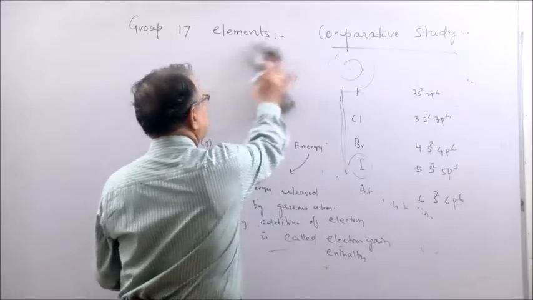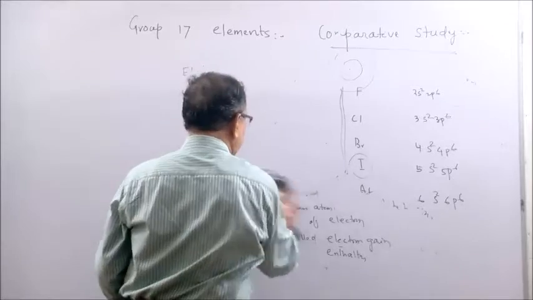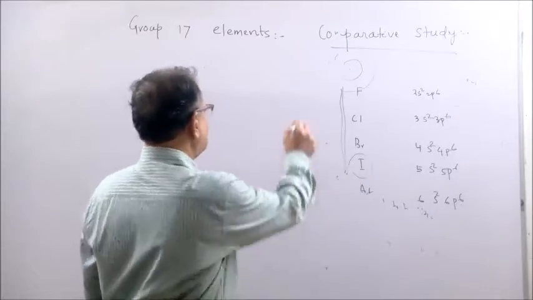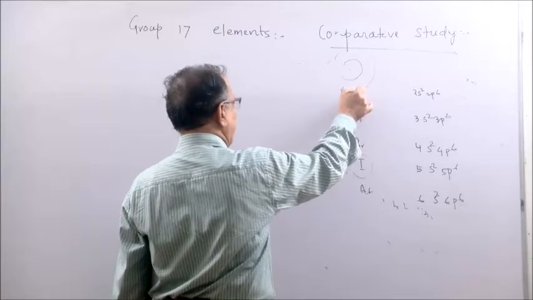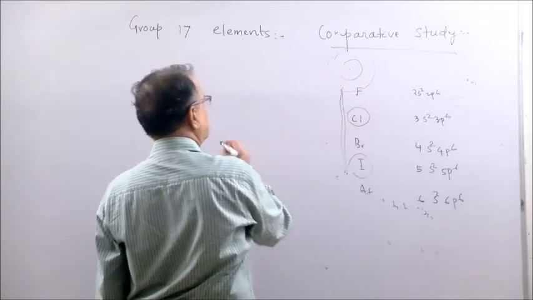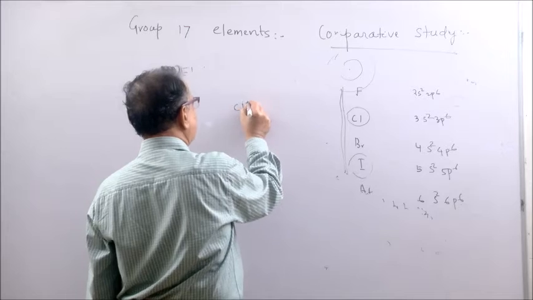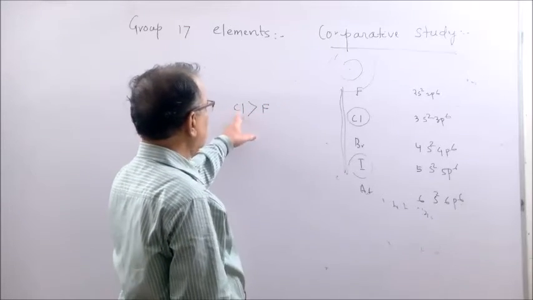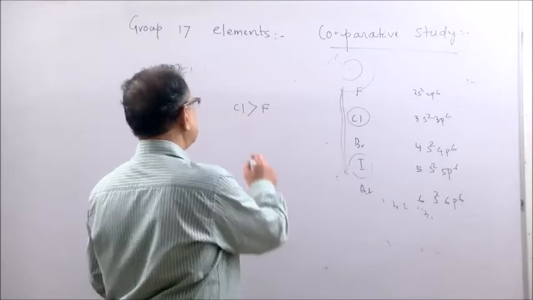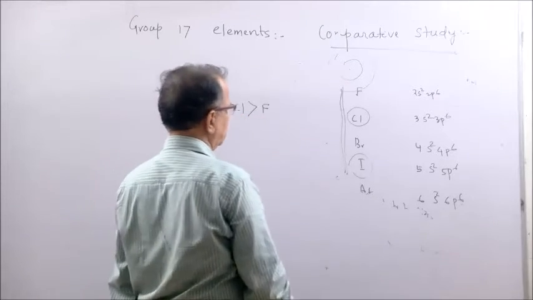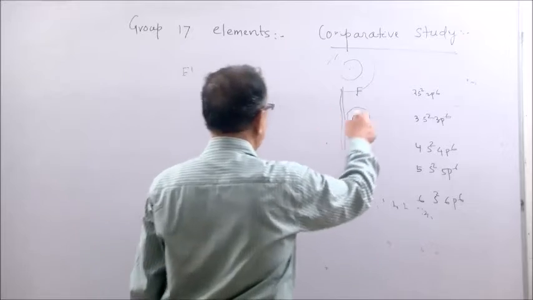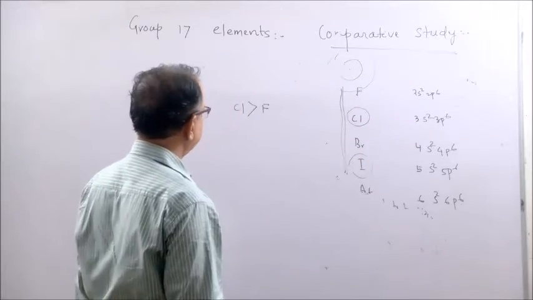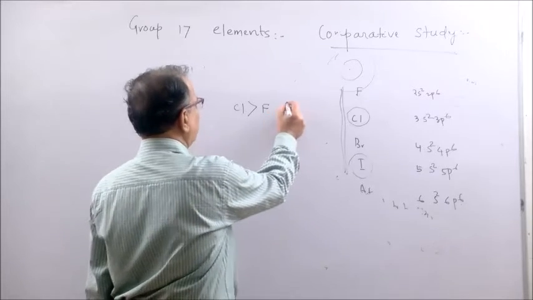The most important point is that it is released. Chlorine, fluorine, bromine, iodine. Chlorine has the highest electron gain enthalpy, more than fluorine, then it decreases: fluorine, bromine, iodine like this.